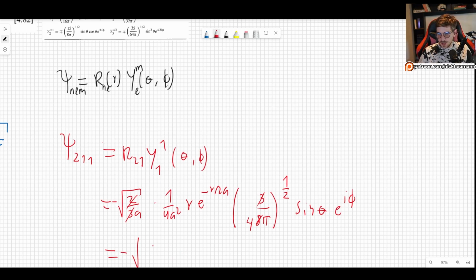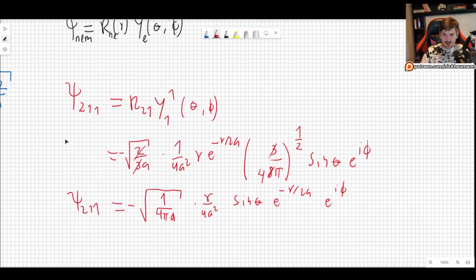Okay, so this would be 1 over the square root of 4 pi a times r over 4a squared. And then we have everything else. So then we have sine of theta e to the minus r over 2a e to the i phi. So this is psi 2, 1, 1.